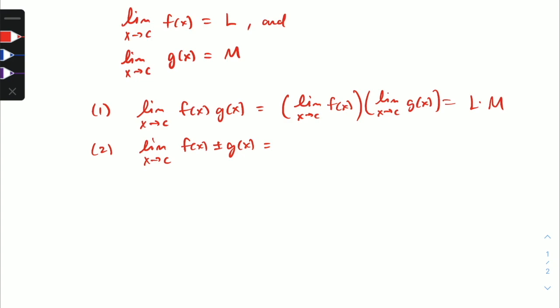And that's going to be what you think. It's going to be the limit as x goes to c of f of x plus or minus the limit as x goes to c of g of x, which again is L and M, so L plus or minus M.